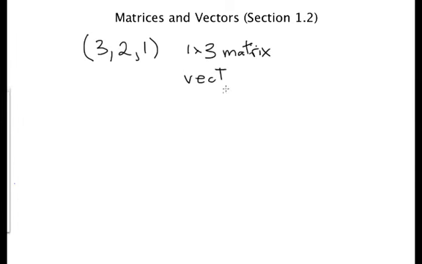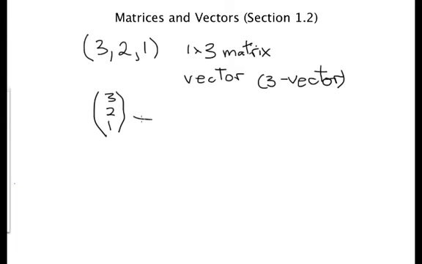And if you want to indicate how many coordinates it has, you might say that it's a 3 vector. And sometimes we'll also write vectors as columns. We'll think of this 3, 2, 1 also as being the same 3 vector. And the way you add vectors is just like adding matrices. You add them component-wise.